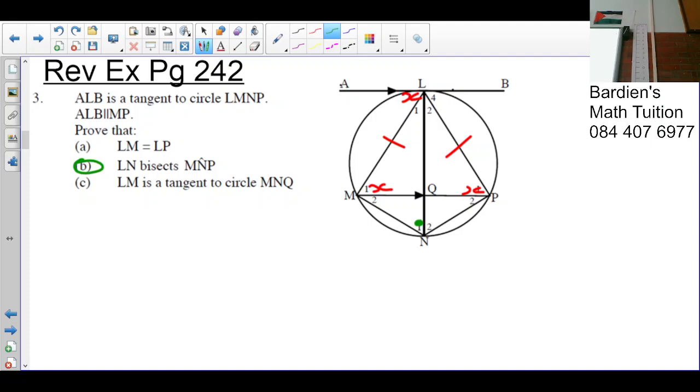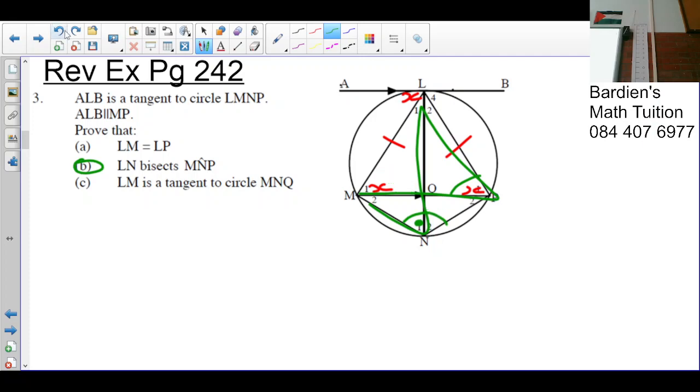If we can prove that N1 is equal to N2, we've done the job. But what is N1 also equal to? x, the bow tie there, the butterfly. N2 is also equal to x, angles in the same segment again. Not so? So there we've done the job.